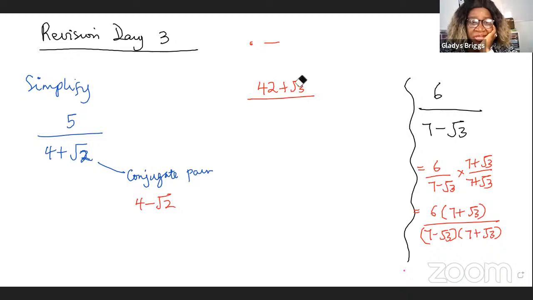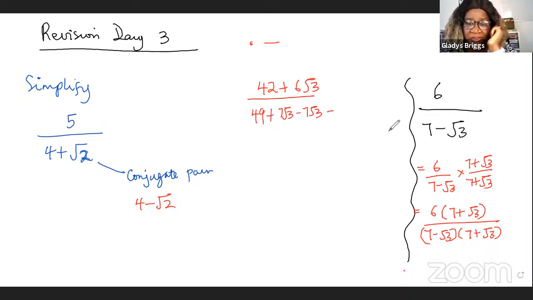plus 6 root 3 over 7 times 7 is 49. 7 times root 3 is plus 7 root 3. Minus root 3 times 7 is minus 7 root 3.